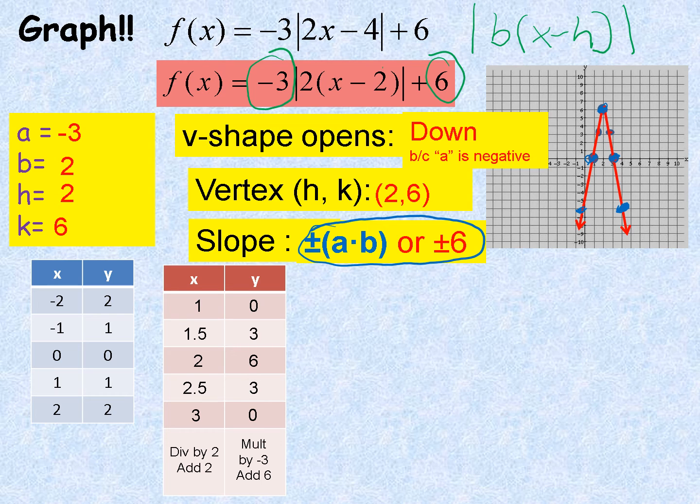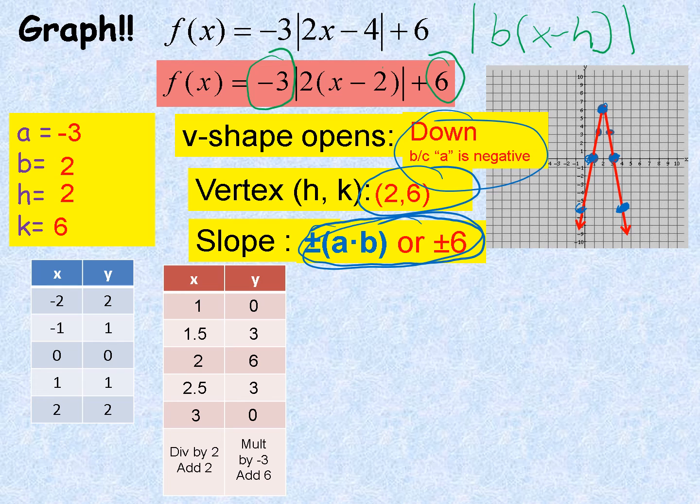So you would go, oh, my vertex is 2, 6. I know it's going to open down. Here's my slope formula. So I go to the vertex. I go down 6 over 1, down 6 over 1. Go back to the vertex, go down 6 over 1, go down 6 over 1, and connect the dots. Okay? That's all you have to show me if you use your slope trick on each side.